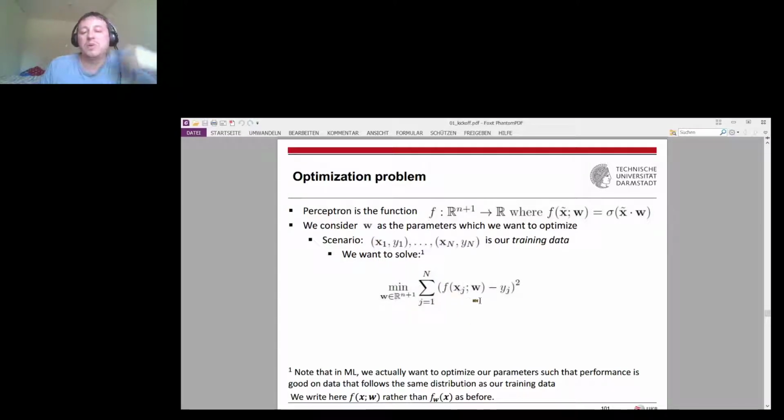We have this input, we have our w given, and these two components together make our perceptron, given by this function f, output some real number. And we want to minimize the distance to the true label. So we want to set our w such that the distance to the true label is minimized.